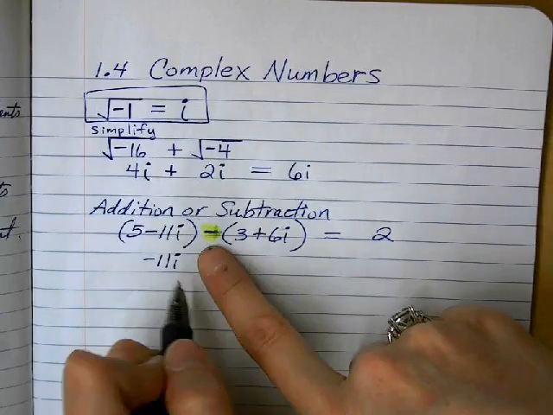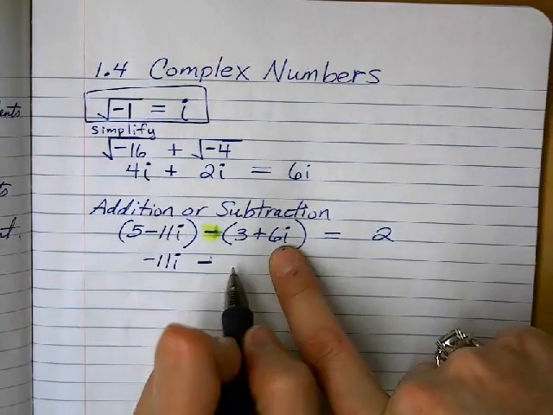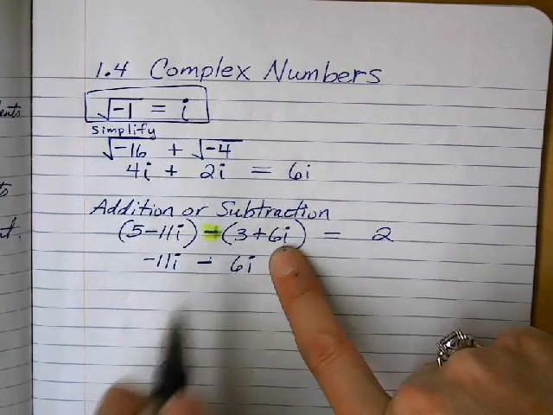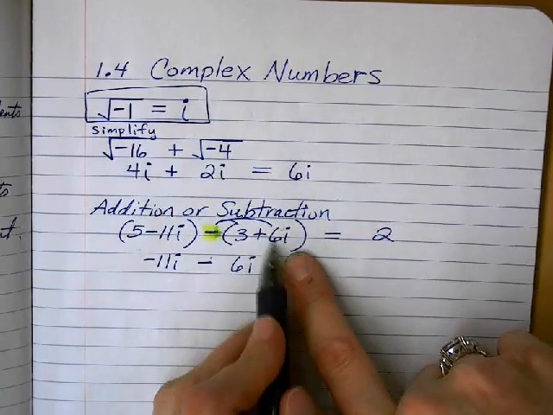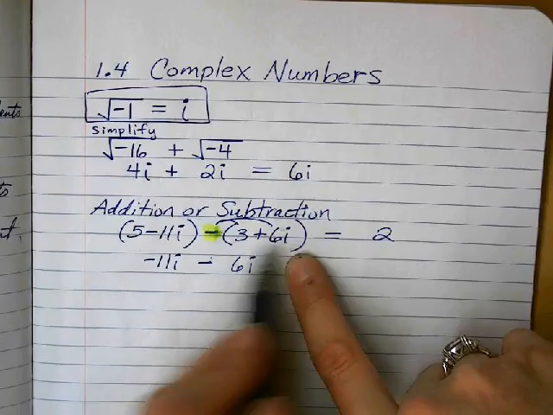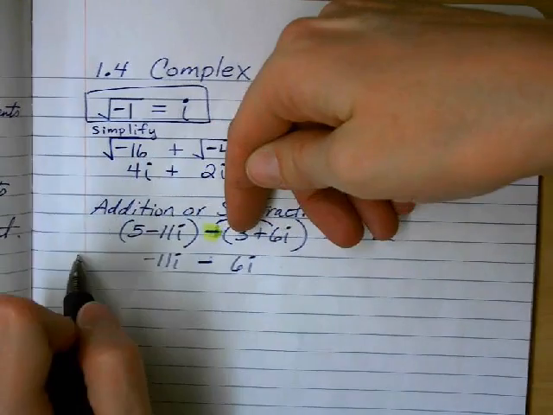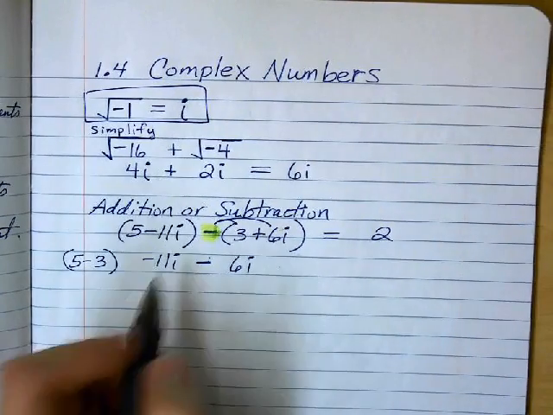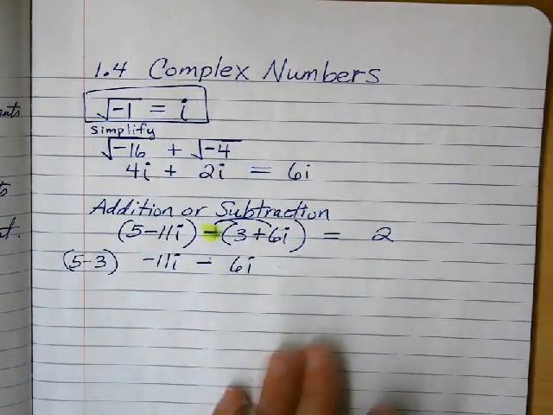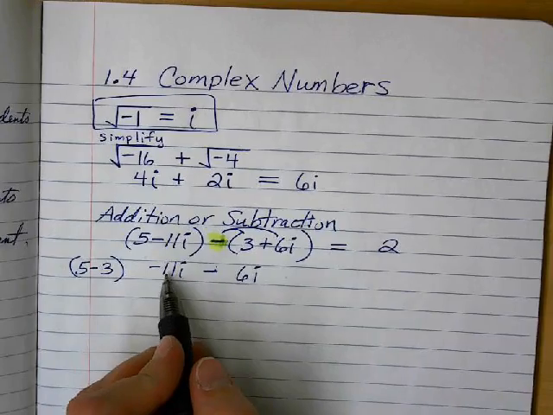See, you have to remember this minus goes with this 6 over here too. First I did 5 minus 3, which came out to 2. Now I'm doing the i part. What'd you get? Yep, negative 17i. That's the answer.